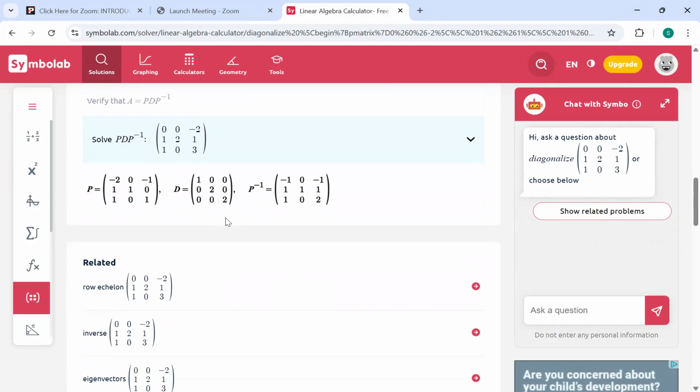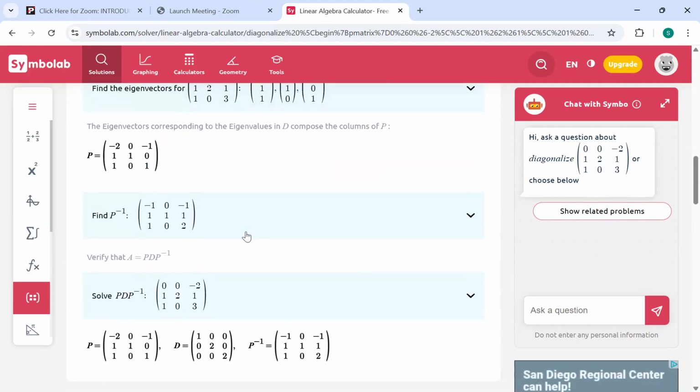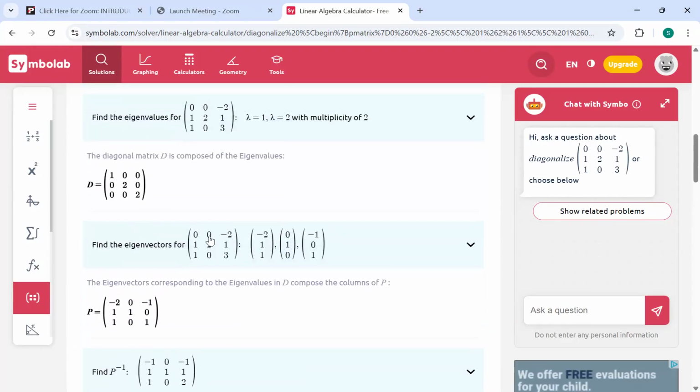The second part that we found, the diagonalized matrix. That's this one, D. That's our B in my example. Okay, before the break, we labeled that as B, and that's what that is.